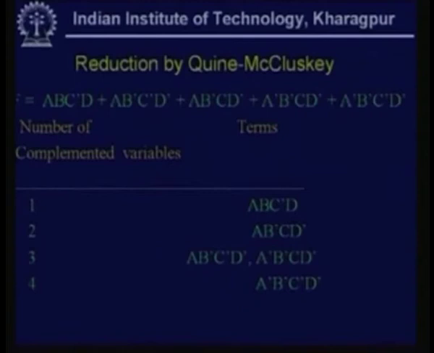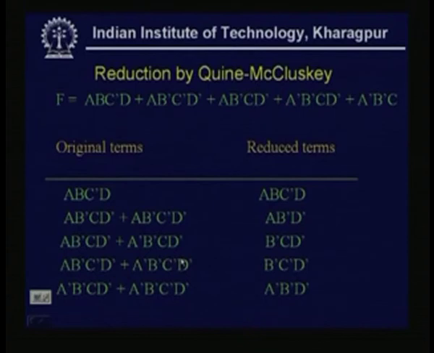So, these are the min terms, and this is the table. Now, I see the original terms and the reduced terms. The number of complemented variables is only 1, so I keep it as it is because it is not reducing anything.